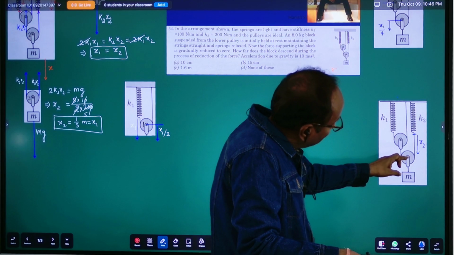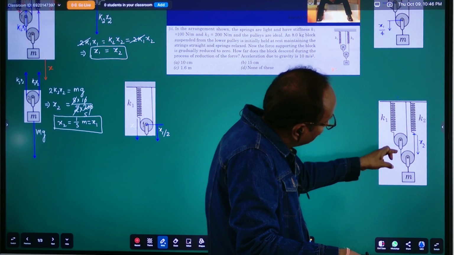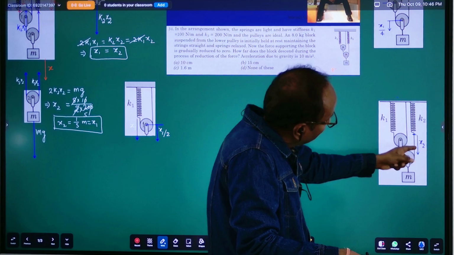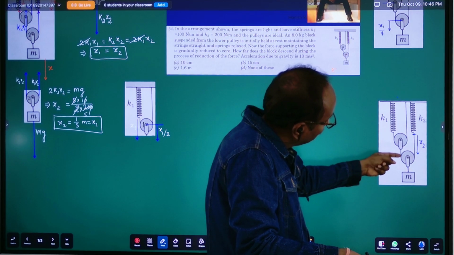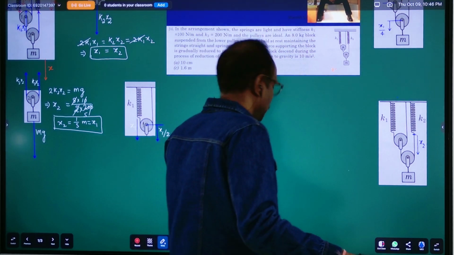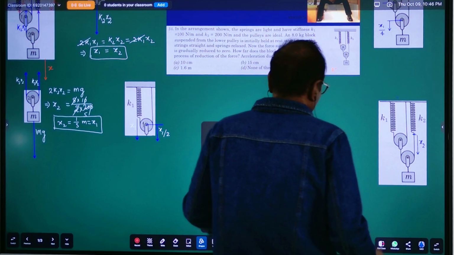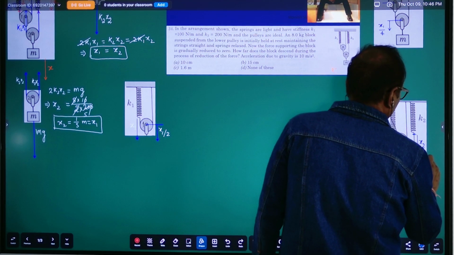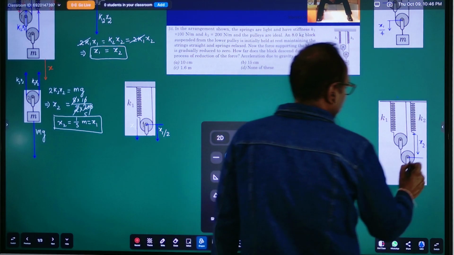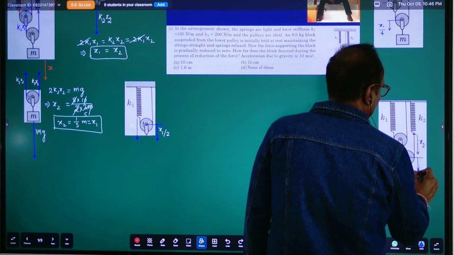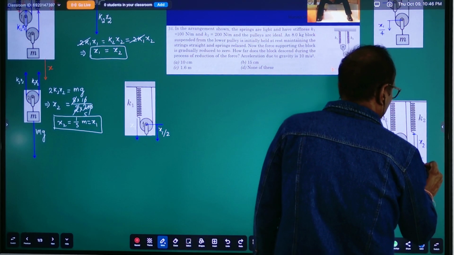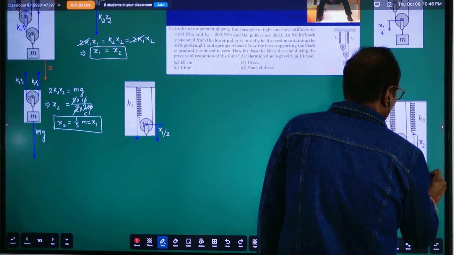So this pulley is connected at both ends with the string. So x2 by 2 from this side it will come down, x2 by 2 it will come down from this side. So overall it will have a drop of x2 by 2, this pulley.